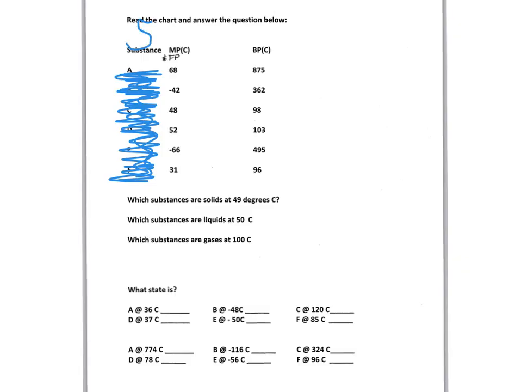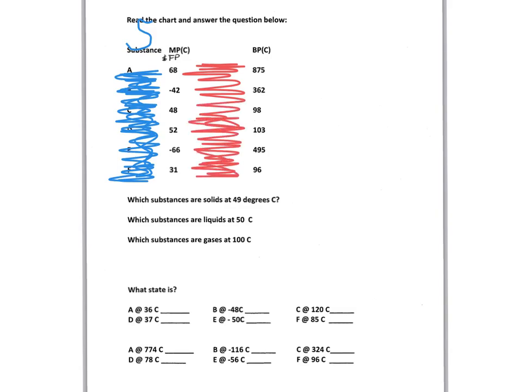Now, if something has melted but not yet boiled, it is a liquid, and those temperatures are going to fall in between the melting point and the boiling point. So anywhere in here where I'm coloring in red, I'm going to put an L for a liquid.